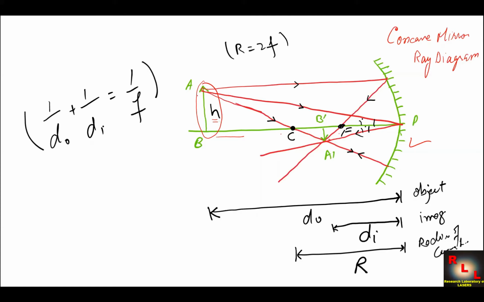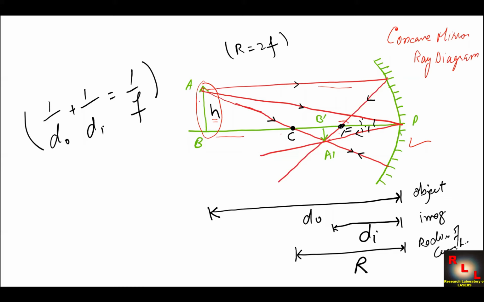The first ray which is shown here starts from the point A all the way parallel to the parallel axis, and it's reflected, and after reflection it passes through F, the focal point.